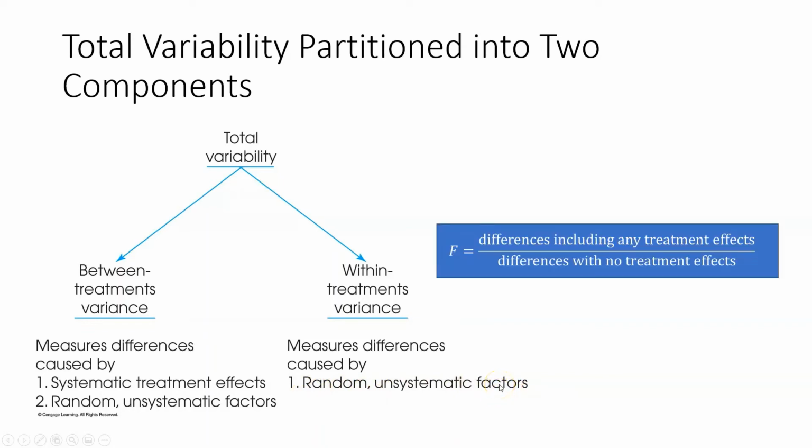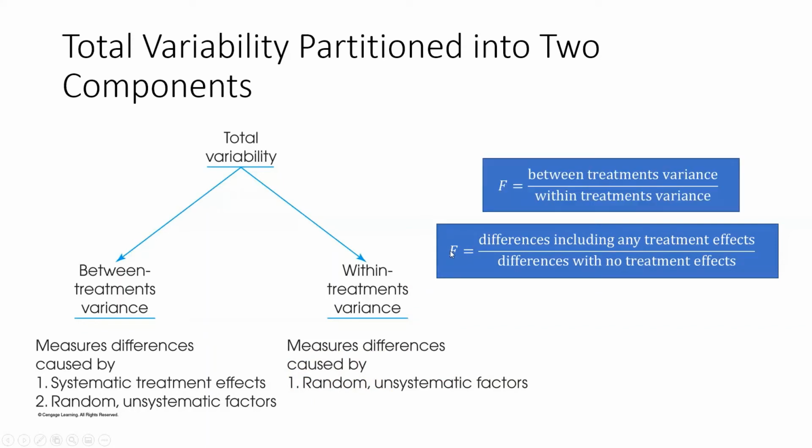If we compare these two things against each other, the differences including any treatment effects, both because of randomness and because of systematic treatments, and we divide it by the differences with no treatment effects, the differences that we just find randomly by chance, then we get our F statistic. Another way of saying that would be to say F is equal to between treatments variance divided by within treatments variance.